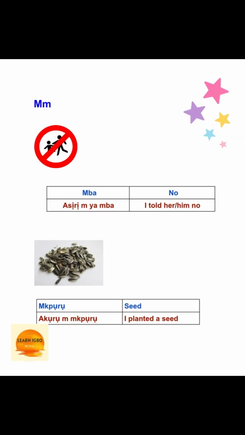Okay, today we'll be talking about the letter me. This is the letter M in the English alphabet. In the Igbo alphabet, this letter is me. Example. Mba.